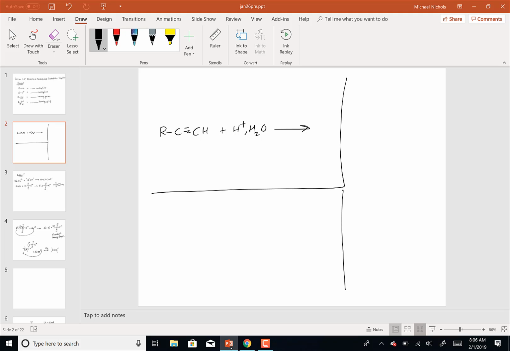I would suggest on the back, you might put the answer, but go directly from the reactant to the product.